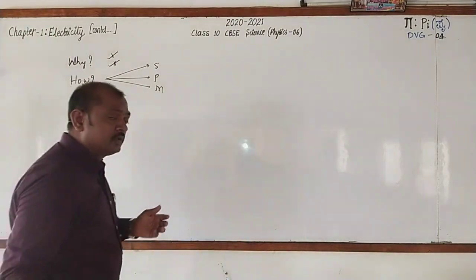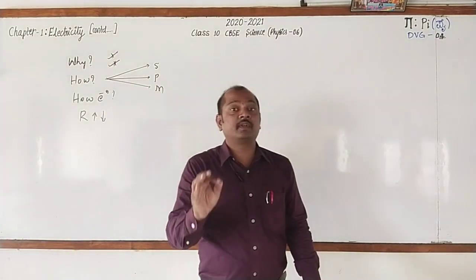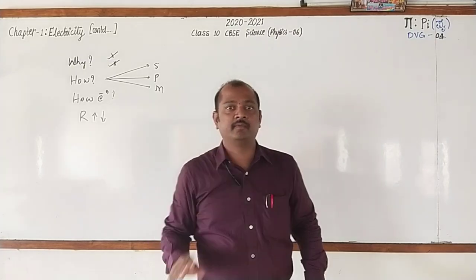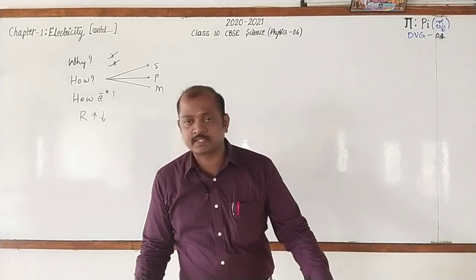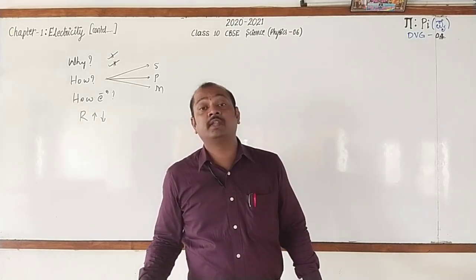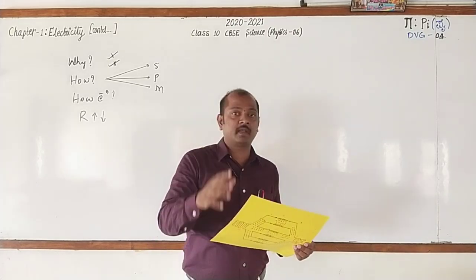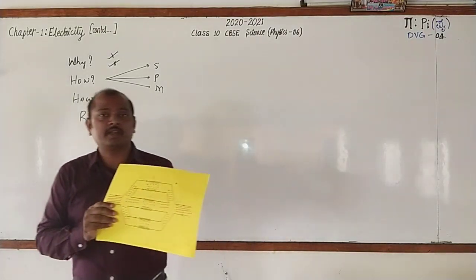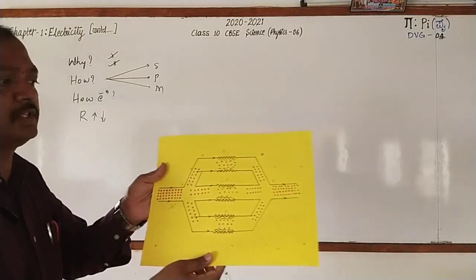Next, another point. When do you say the resistors are connected in parallel? If two or more resistors are connected between two same points, then they are said to be connected in parallel. Then how will be the movement of electrons? Here also, again I will show you the chart.